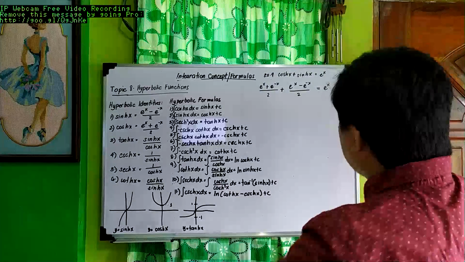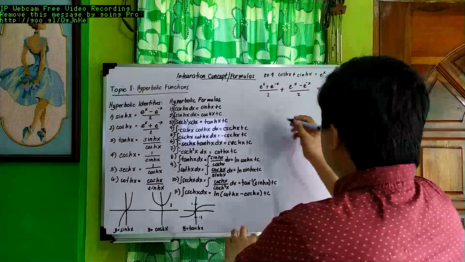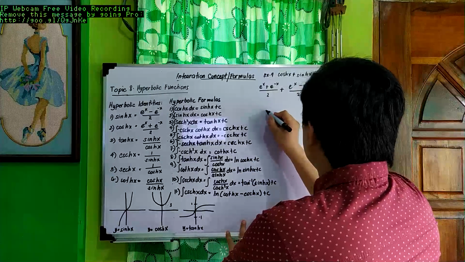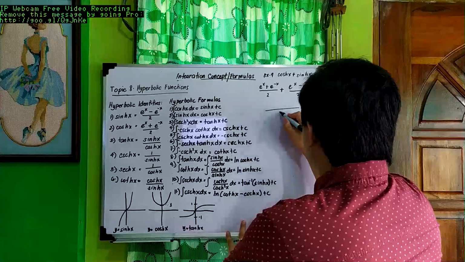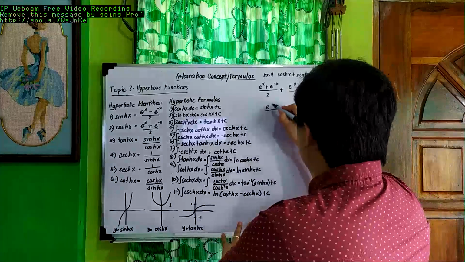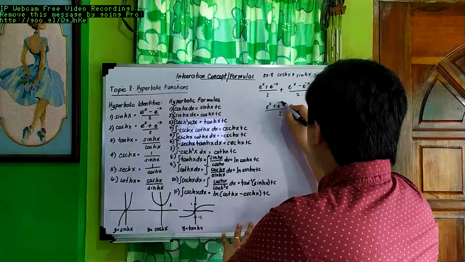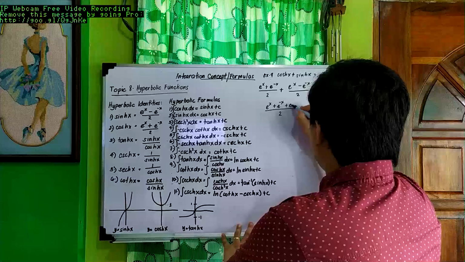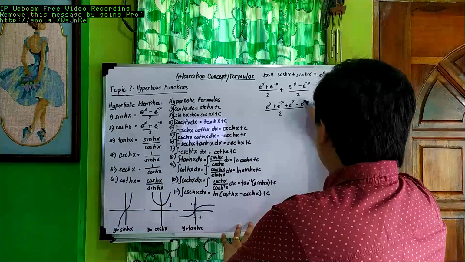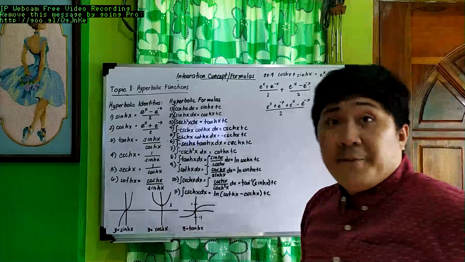So from there, this is addition. So we have the least common denominator of 2. So you have e to the x plus e to the power of negative x plus e to the power of x minus e to the power of negative x equals this one.